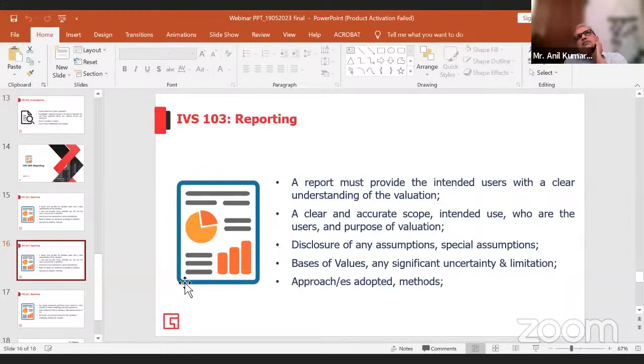right? So if he's done proper investigations and all the procedures have been properly applied, then he must come up with a reasoned report for the intended user to be able to understand the asset that has been valued and what are the major factors that have been borne in mind while valuing the assets, right?